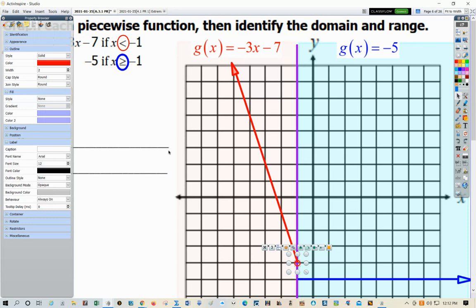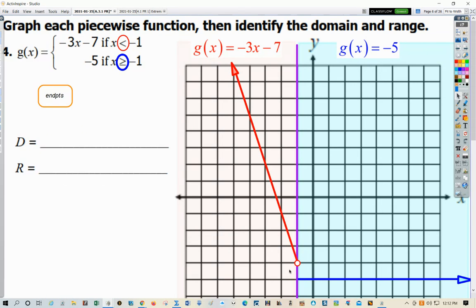Okay, everybody agree? How about the right endpoint?